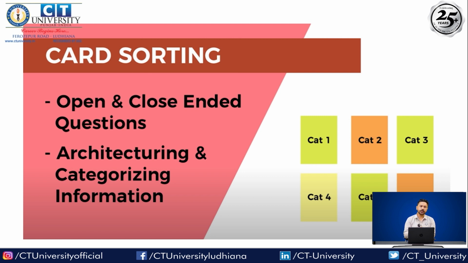So it helps to prioritize, organize, sequence, and arrange your products into categories, subcategories, and subsections in a better way, and it is according to the requirements of the end user.